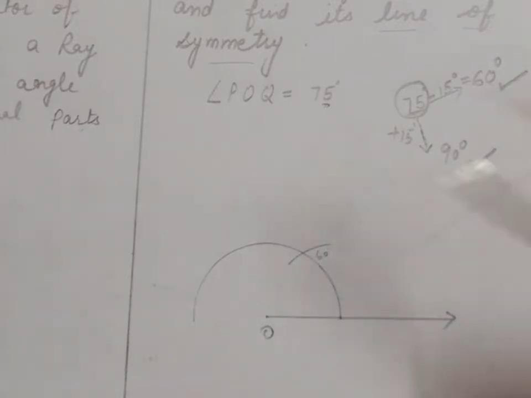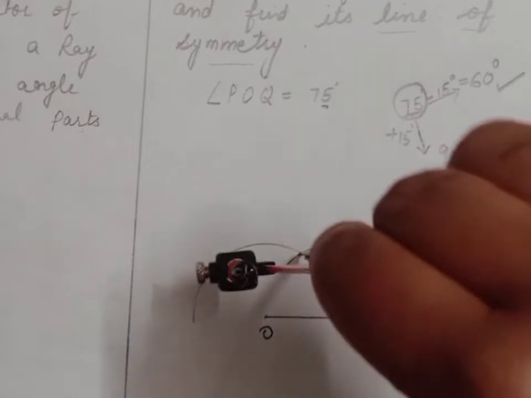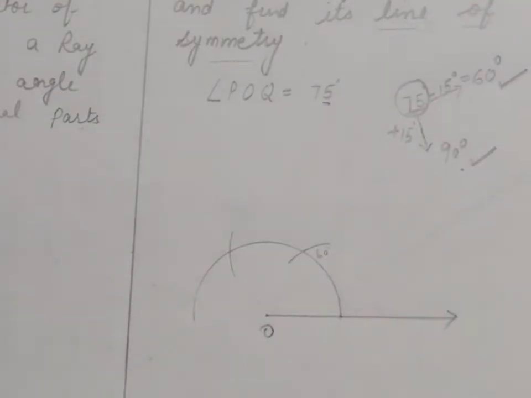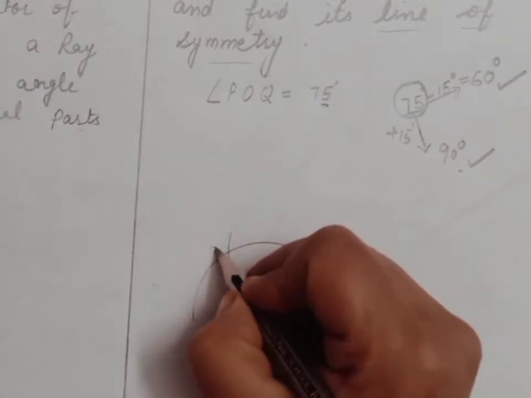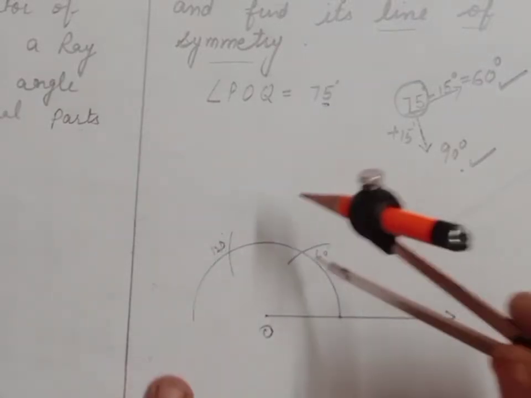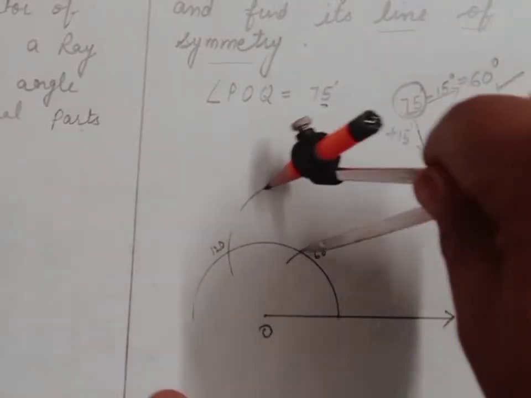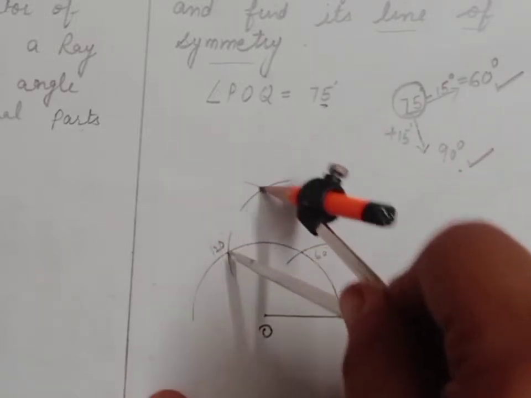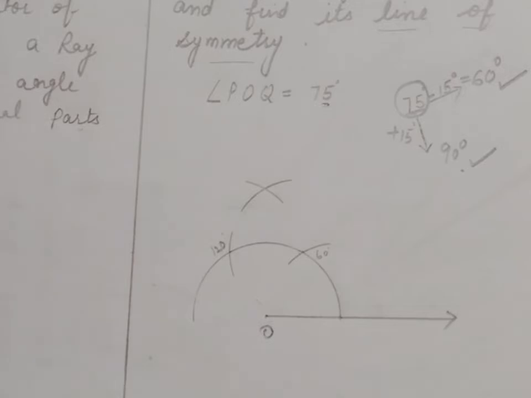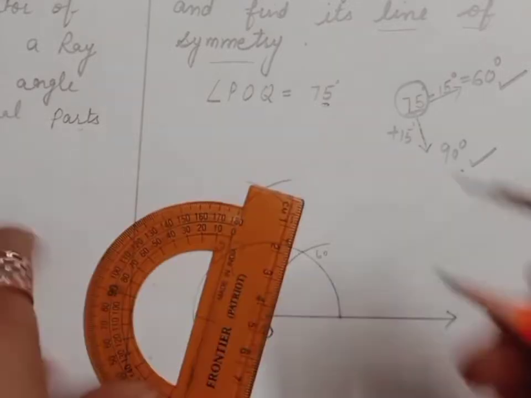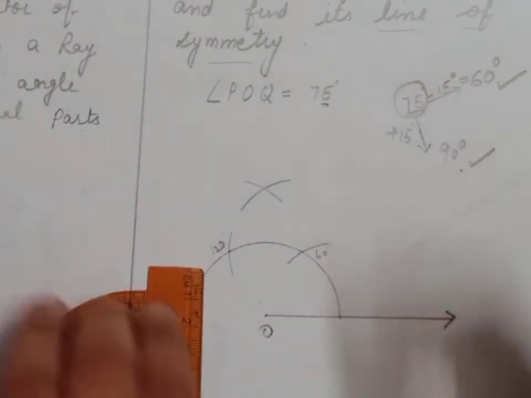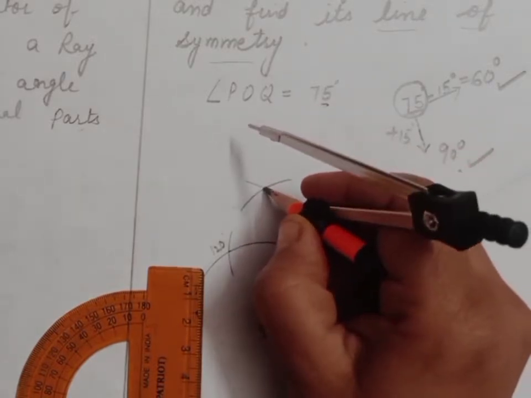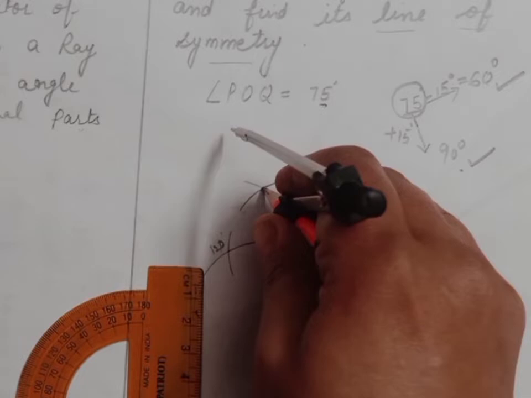Now how can we draw a 90 degree angle? I have told you earlier that it is drawn with the help of 60 and 120 degree. So draw one arc upward. Now from 120 degree cut the previous arc. You get a 90 degree angle here. As this is a helping angle, it should be on the semicircle, but the point of 90 degree is outside the semicircle.